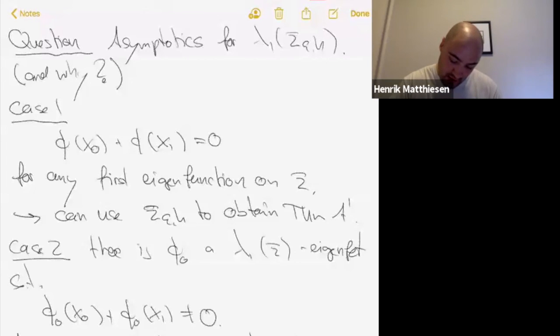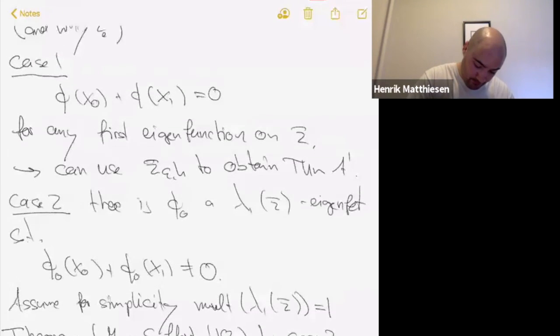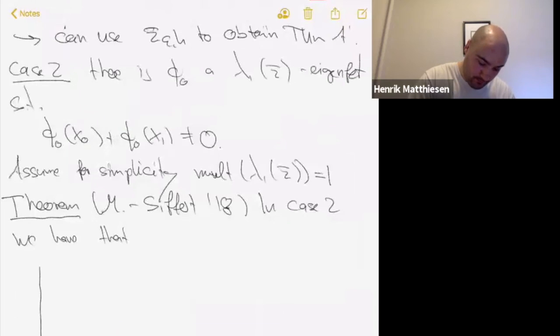It says that in case 2, we have that. Now I'll just draw you a picture giving you the asymptotics of the eigenvalue of this family. So the picture is as follows. Let's put here H, and here, let's put square root of lambda.